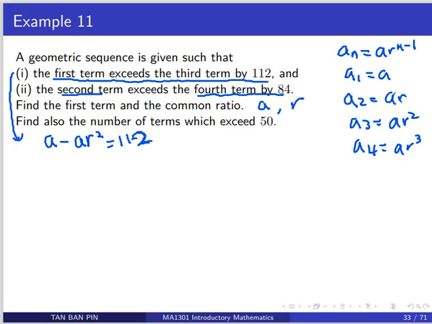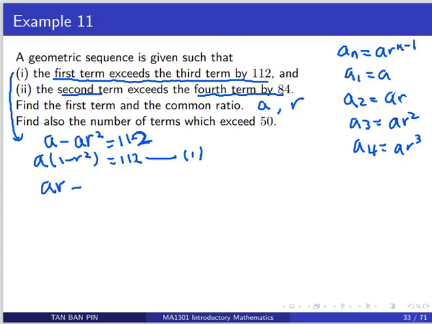Okay, and you can actually factorize out a(1 - r squared) is 112. So let's call this equation 1. Then you are given the second term, the second term is ar, right?